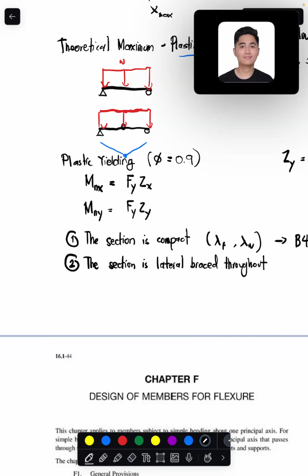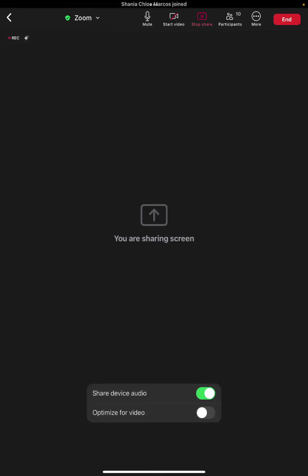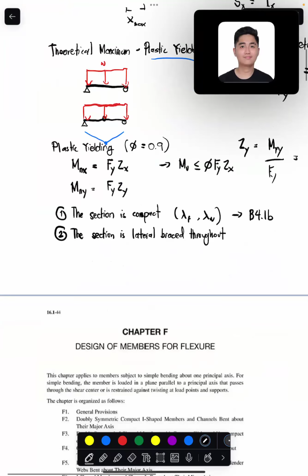So any conditions that would cause instability must be absent for us to be certain that plastic yielding will govern. So to say that our design is correct, you have Fy Zx. Usually, plastic yielding is like this. So these are the conditions, because otherwise, we need to consider the other limit states.